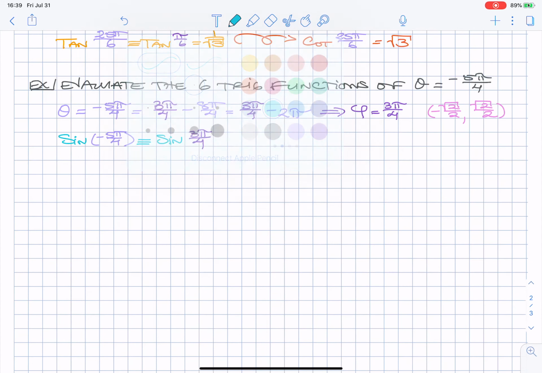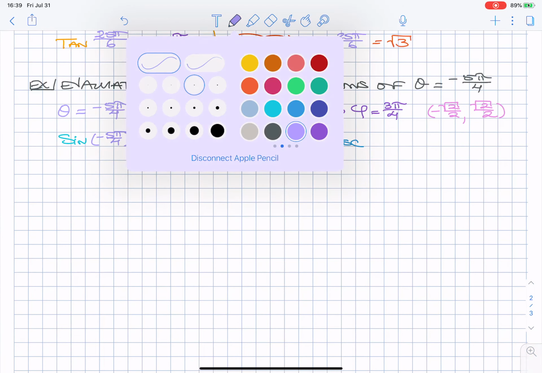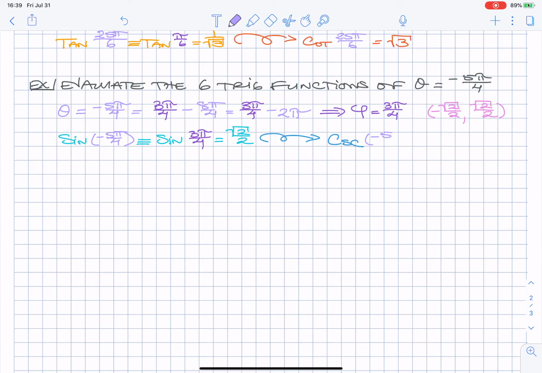So that's just going to be the y-coordinate at that point, radical 2 over 2. So I take the reciprocal, which is cosecant of quantity, in parentheses, negative 5 pi over 4. So the reciprocal, I just flip upside down. This is going to be root 2 when anti-rationalized.